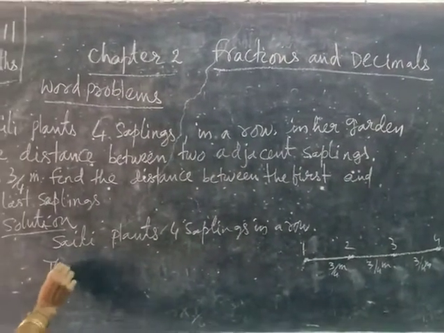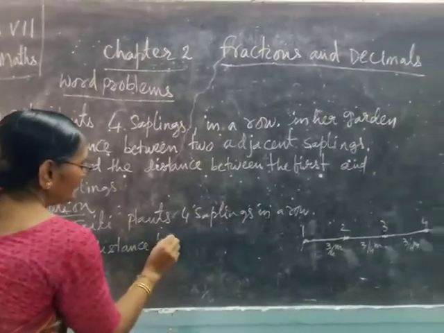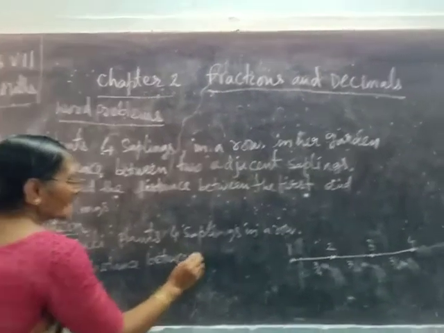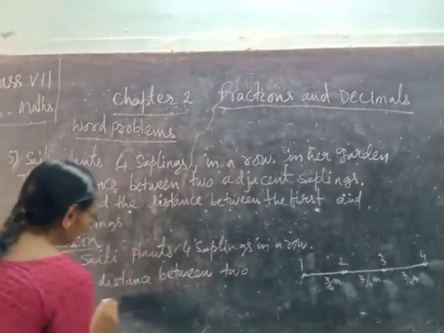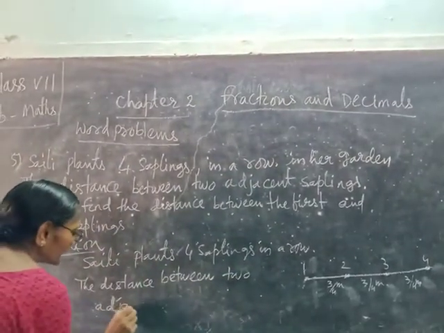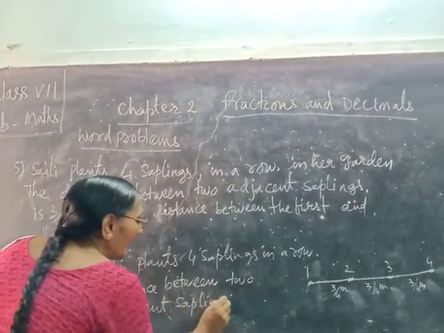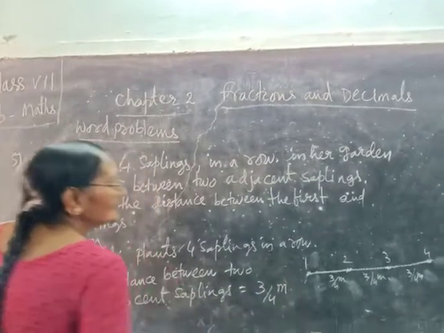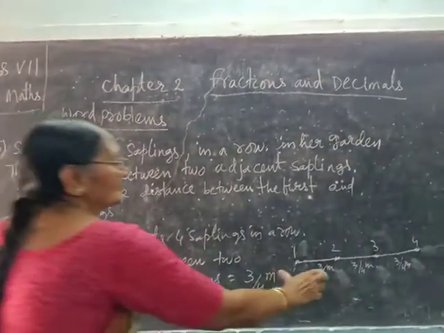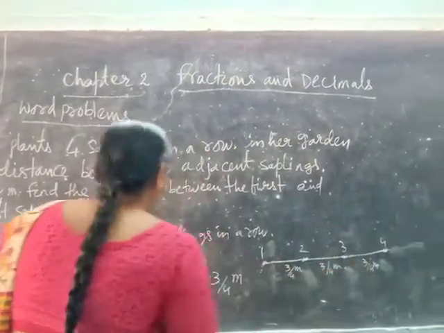The distance between 2 adjacent saplings, how much is that? It is 3/4 meters. Do you understand this one?